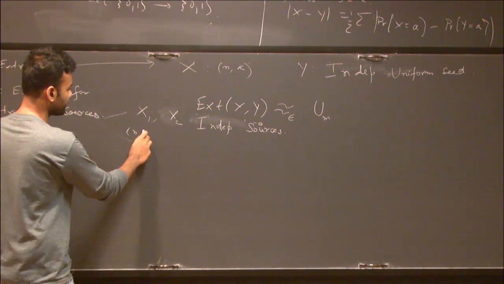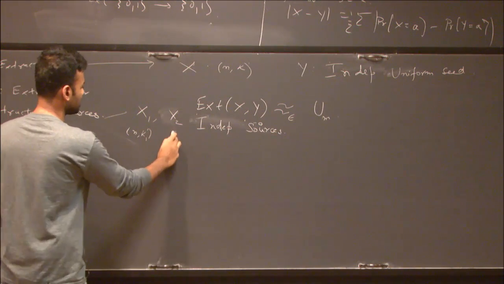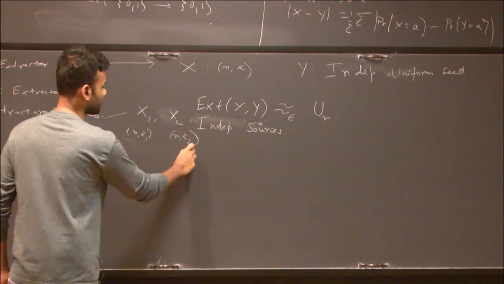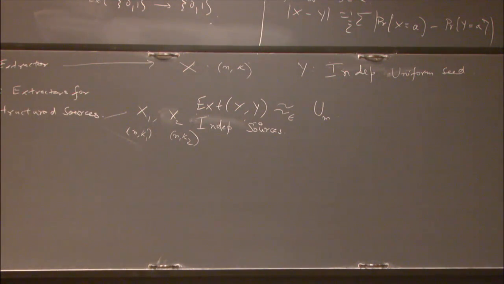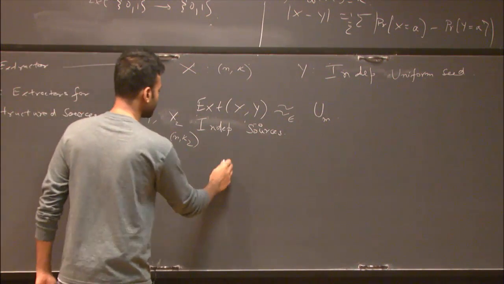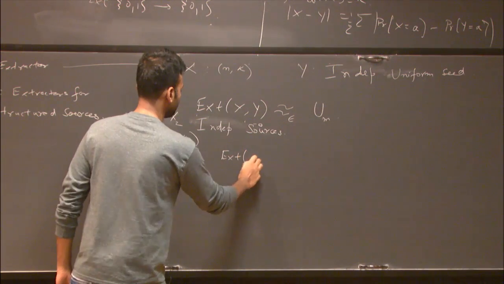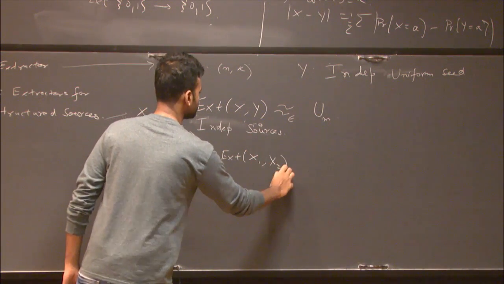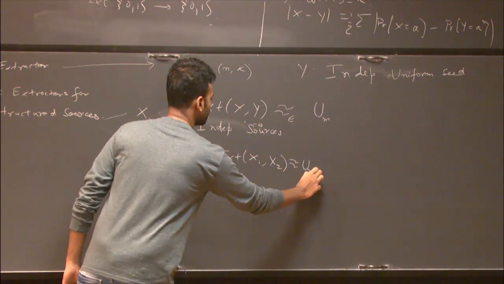Here both of them are (n, k1) and (n, k2) sources. So both of them are weak sources. And you again want a similar guarantee that the extractor of x1 comma x2 is close to uniform.